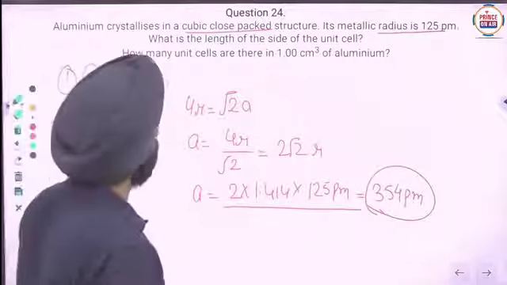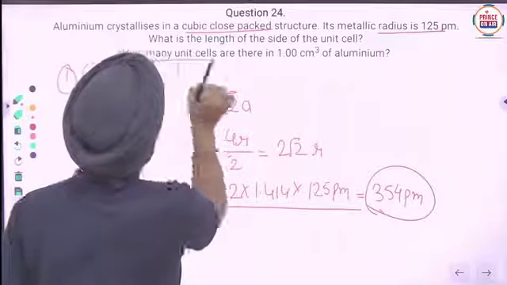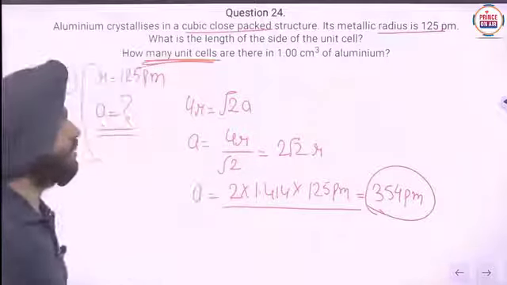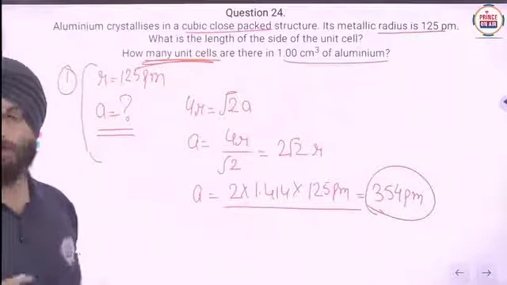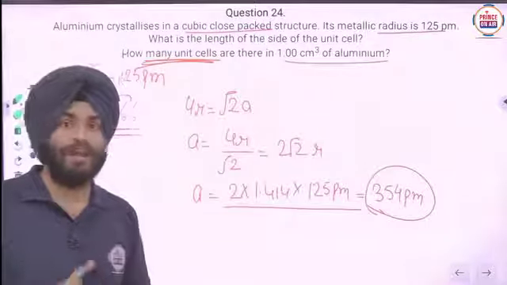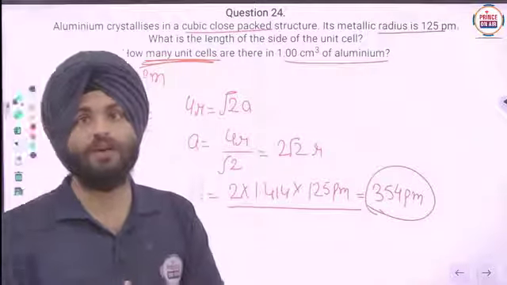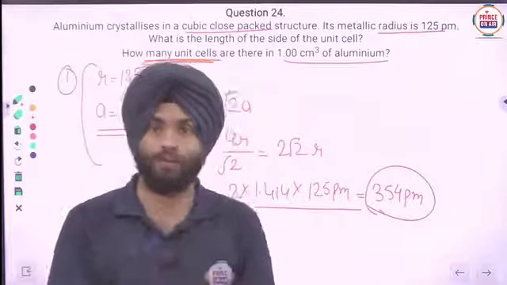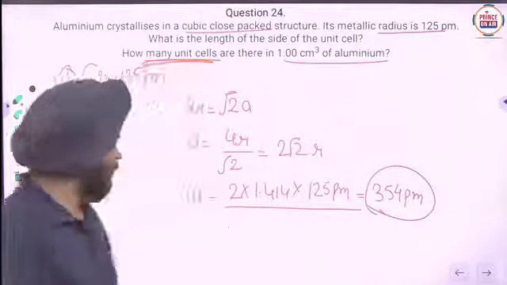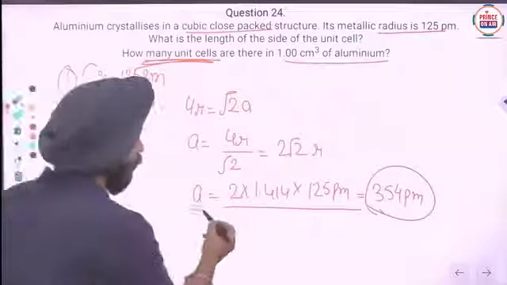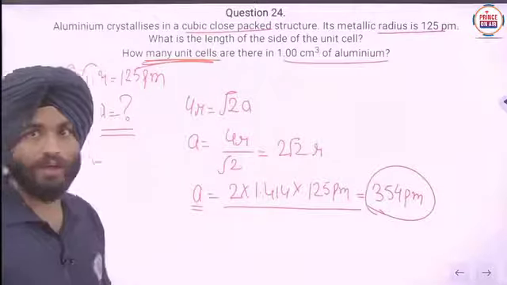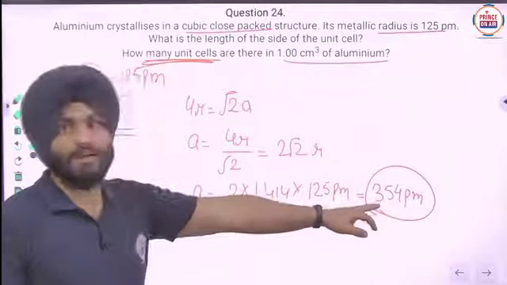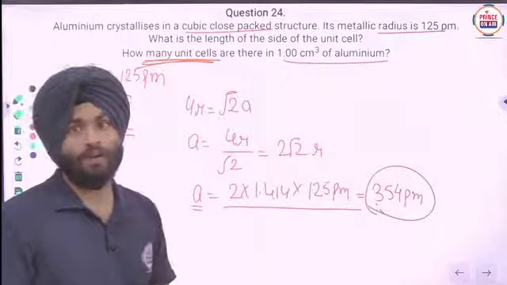Now, we have to calculate how many unit cells are there in 1 cubic centimeter of aluminium. So, 1 cubic centimeter is the whole volume of aluminium that is provided to you, and the edge length of 1 unit cell is 354 picometer.